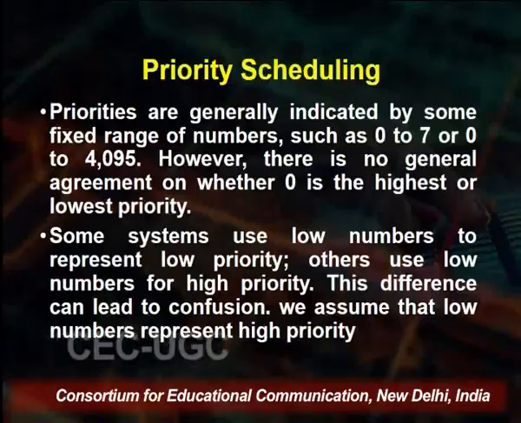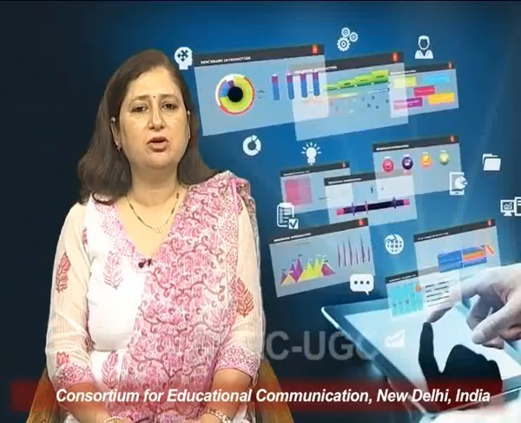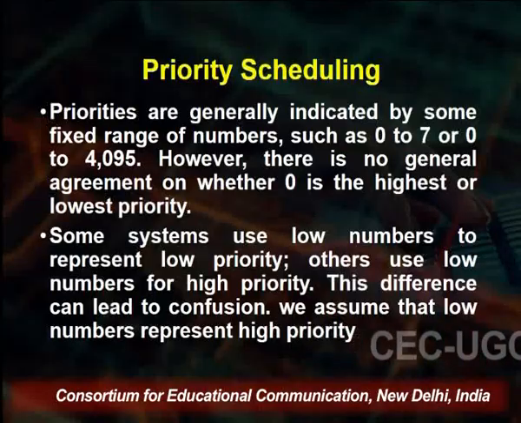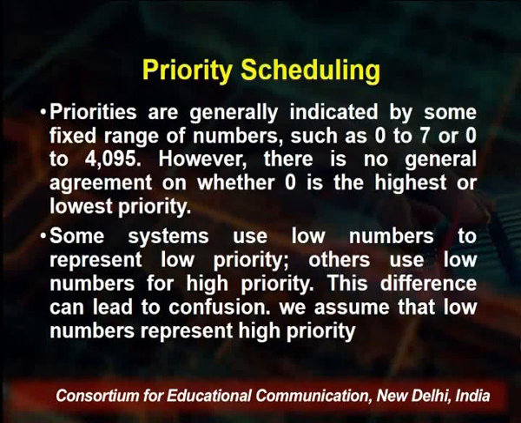That is, when I say 0 to 7, does 0 mean the highest priority or does 7 mean the highest priority? Some systems use lower numbers to represent lower priority, others use lower numbers for higher priority. So this can be a little misleading, a little confusing.